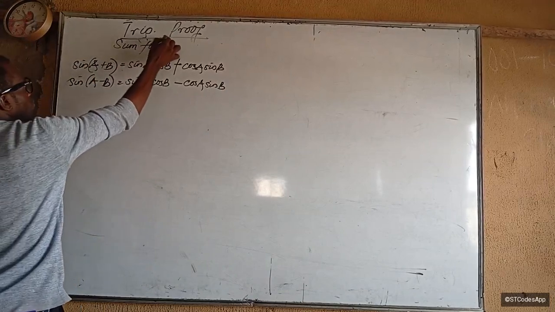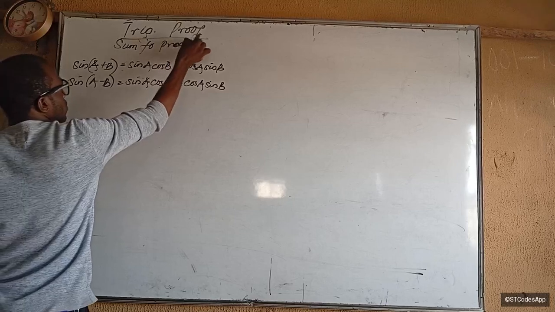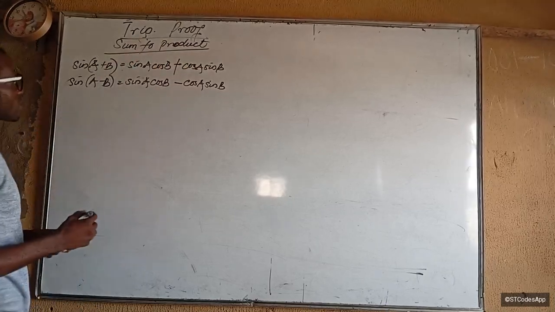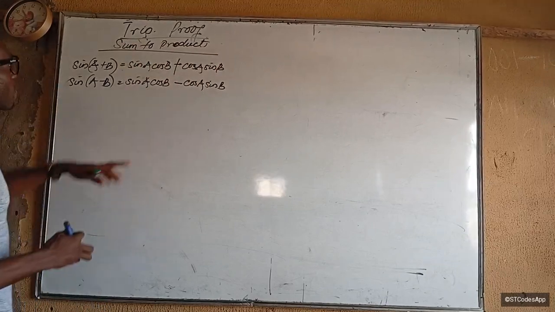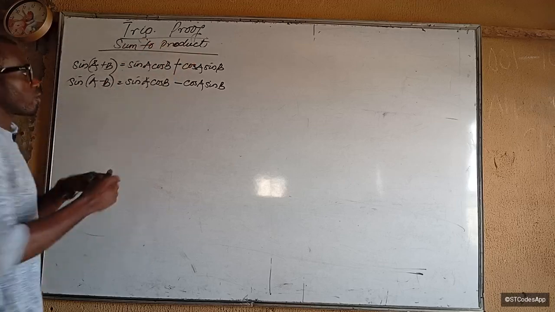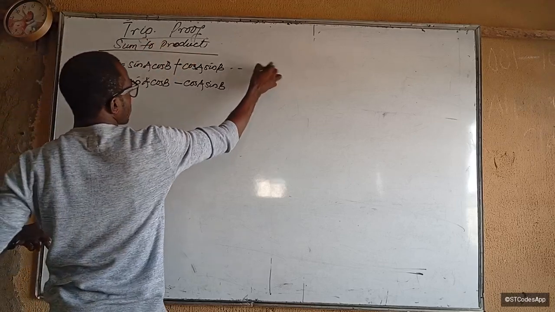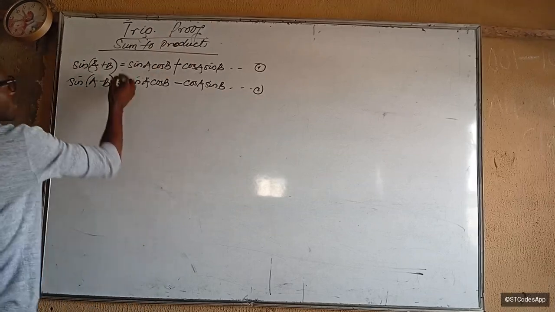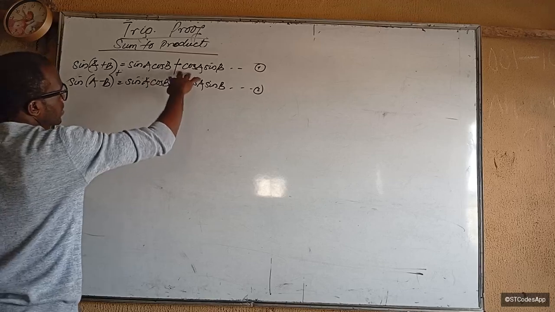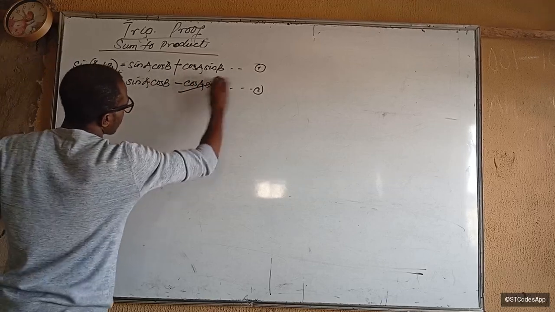Now we want to do sum to product. If you add equation 1 and equation 2, this is positive, this is negative, and they are the same, so they will cancel out.